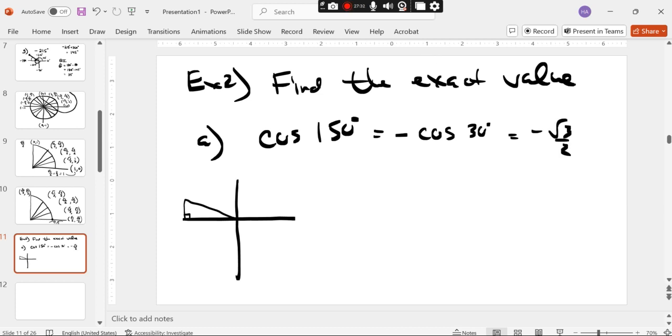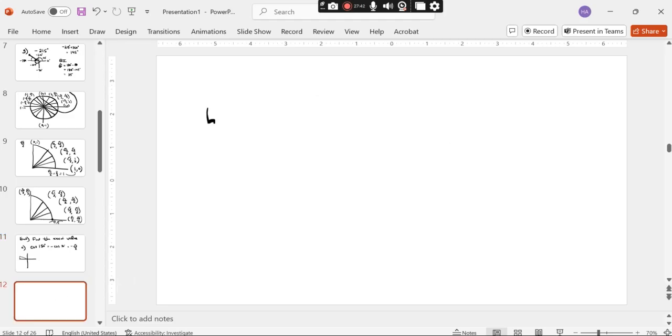We good? So we go back to the reference angle, go back to quadrant 1. Another one. B, how about sine of 210? Think about where it's at. We are here.